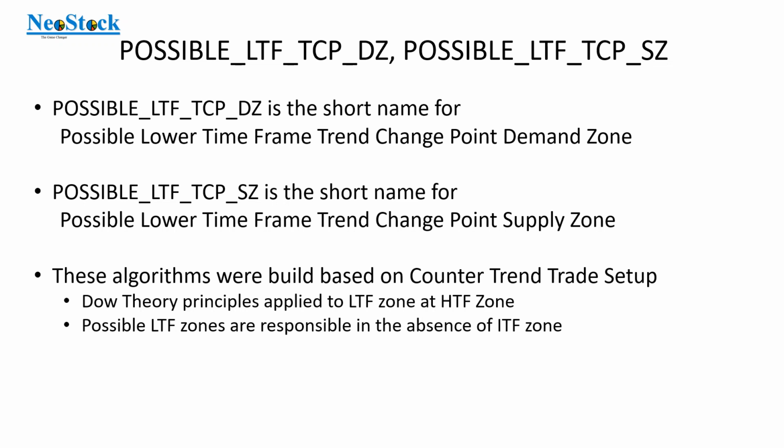It may give you a 50% or 60% success rate. Still it is better, but compared to an 80% success rate, obviously a 60% or 50% success rate is lesser. So that's why these zones are not included.